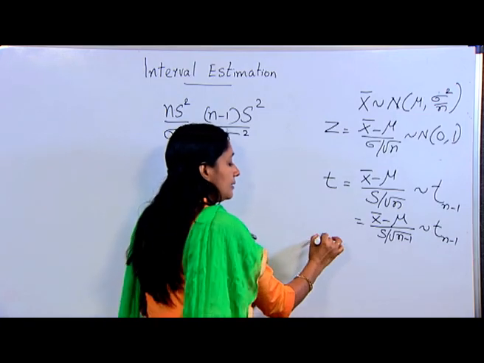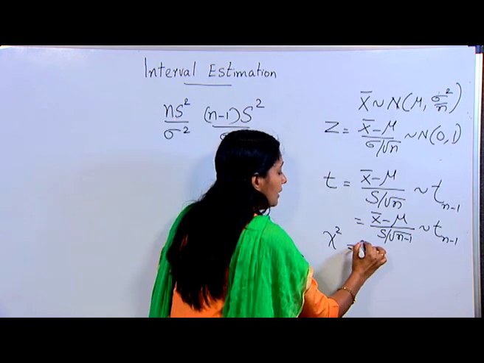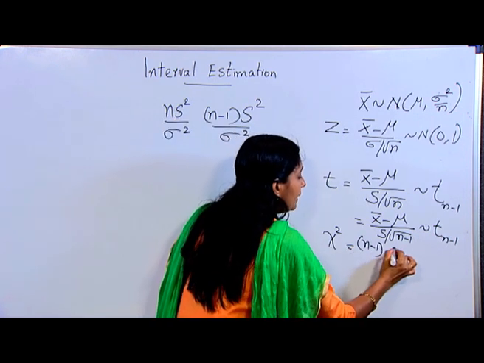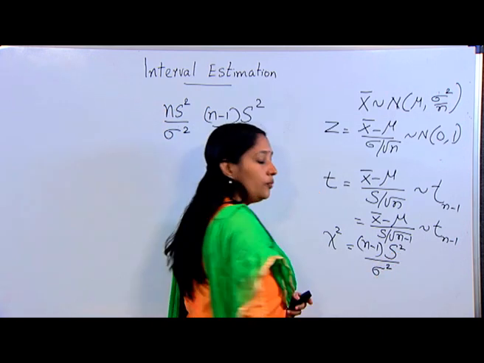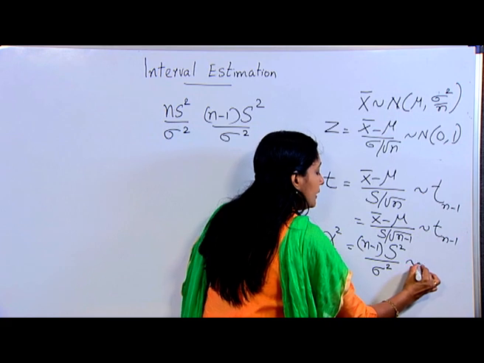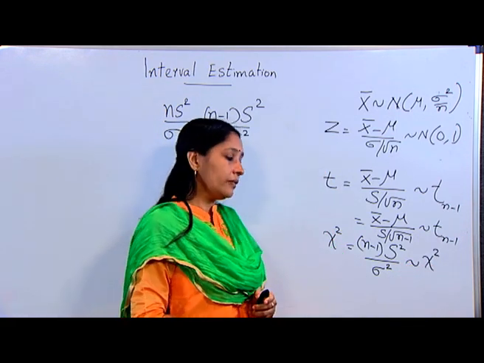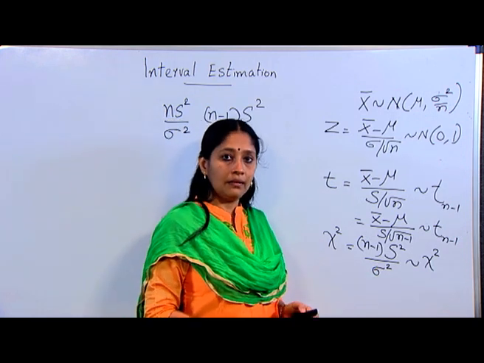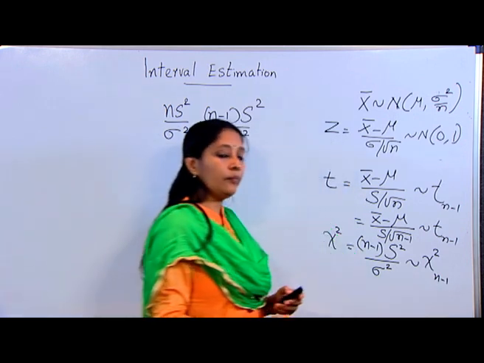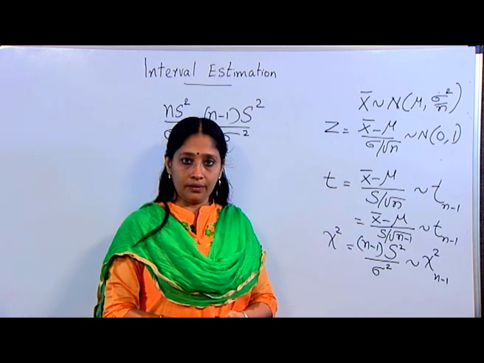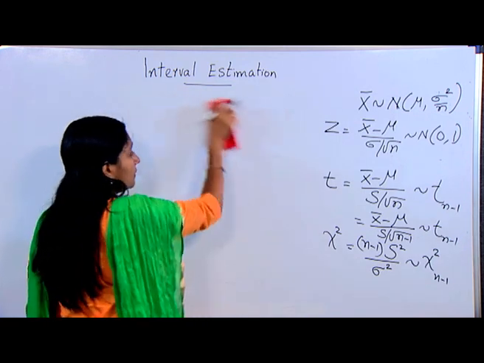We call it chi square, and chi square is equal to n minus 1 capital S square by sigma square, which follows chi-square distribution with n degrees of freedom if mu is known, or chi-square with n minus 1 degrees of freedom if mu is unknown.